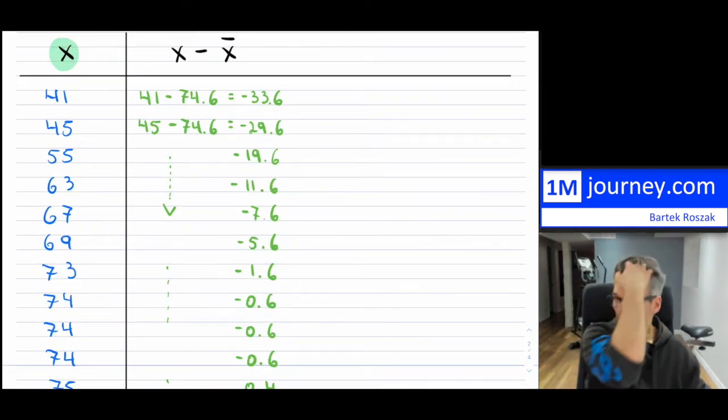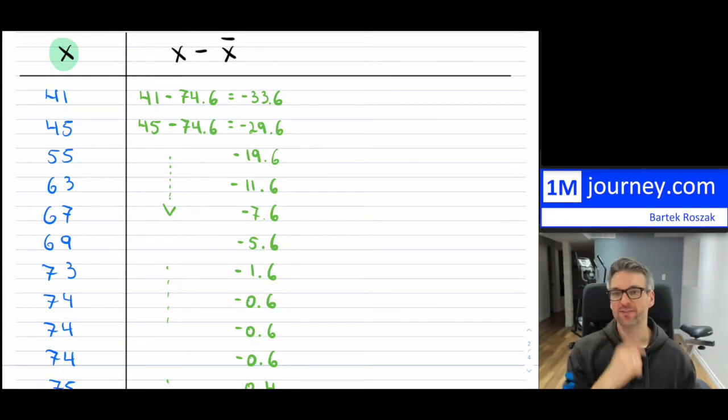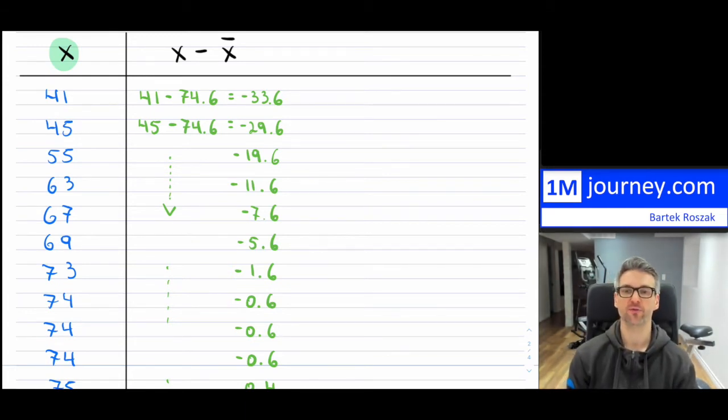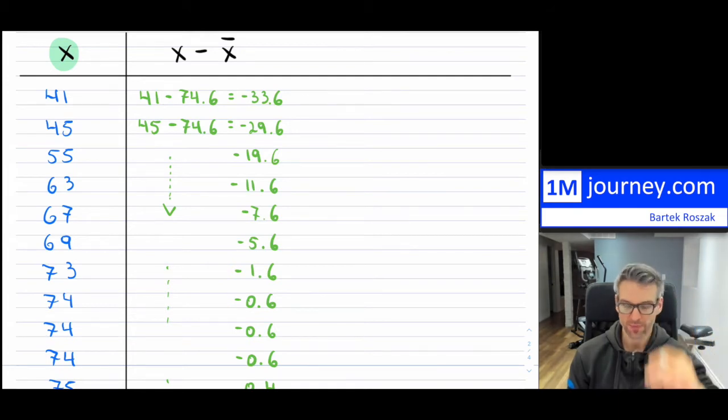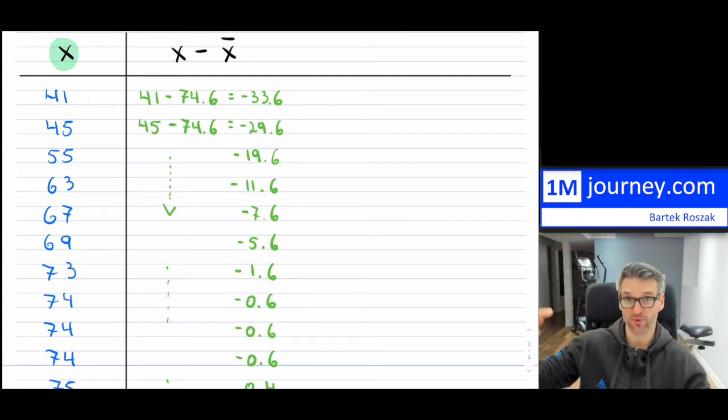All right, so welcome back. So notice I have calculated the deviation for each data point. Now, because I have ordered them from the smallest to the largest, you'll notice that the biggest negative is on top, and then the negatives just kind of decrease, okay? So they get bigger and bigger and bigger, because we're going in the right direction on the number line.